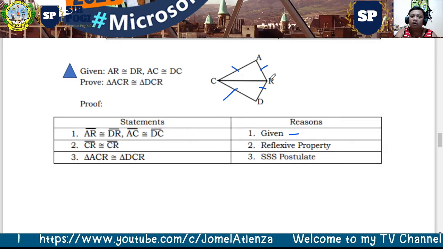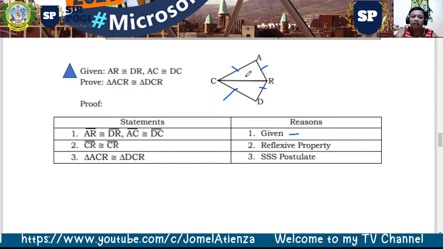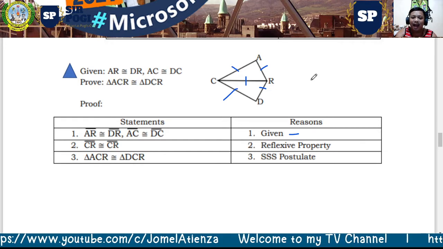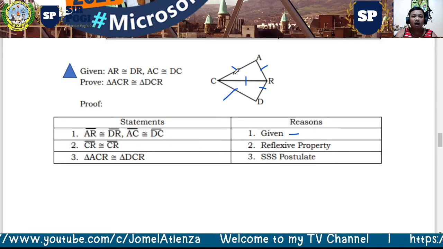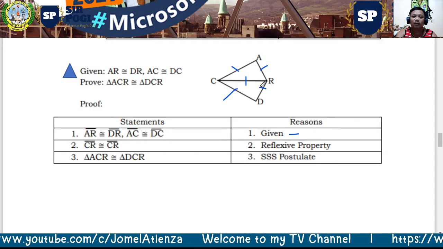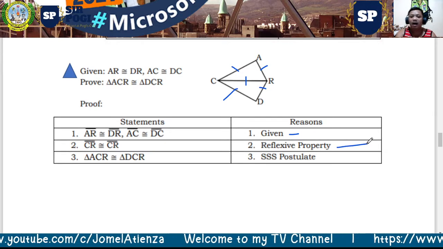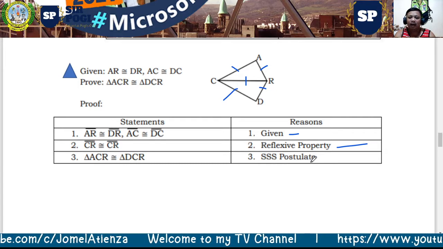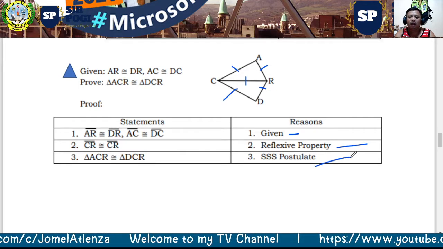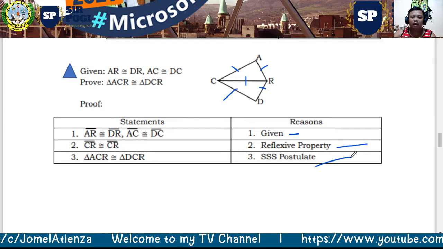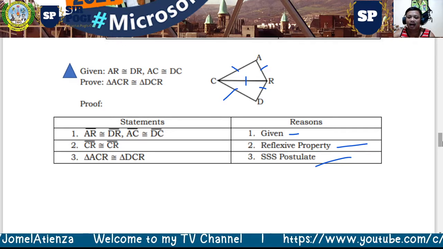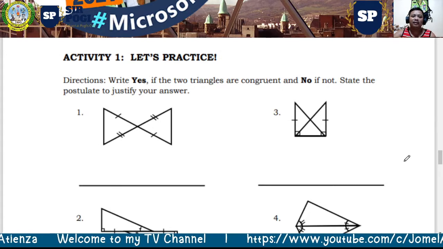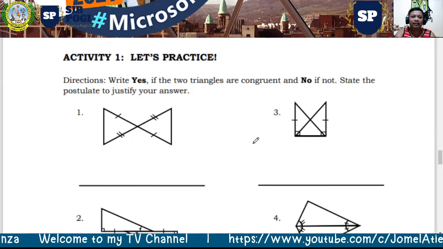The two sides are equal, so we need to show that the remaining side of the triangle is equal. CR is congruent to CR, by the reflexive property. Therefore, the two triangles are congruent by the virtue of the side postulate.